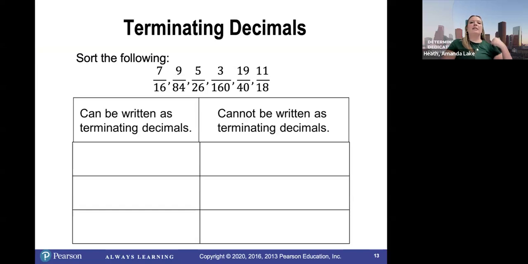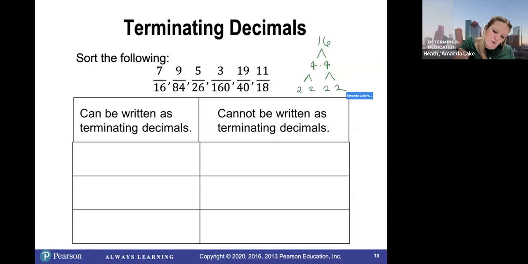So we can practice a little bit to see which of these is going to terminate and which is not. We look at the denominators to do this. If I look at 7/16, is this going to terminate or not? Remember the rule is that they terminate if the factors in the denominator are only 2 and 5. 16 is 4 times 4, which is 2, 2, 2, 2.